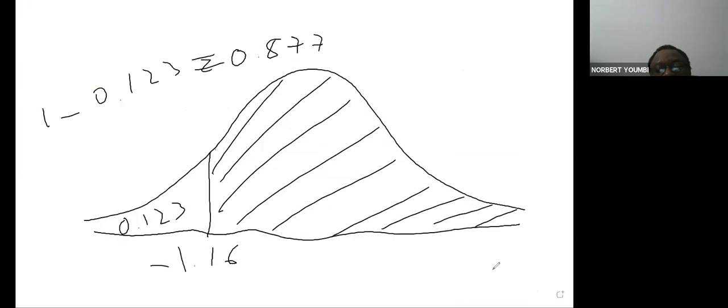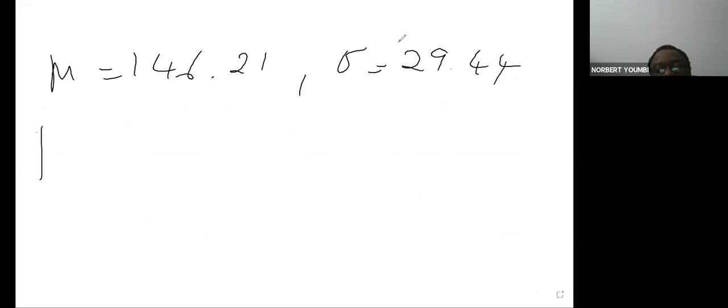So for this question, the mean is 146.21. The standard deviation is 29.44. And we want to find the probability that X is less than or equal to 160.